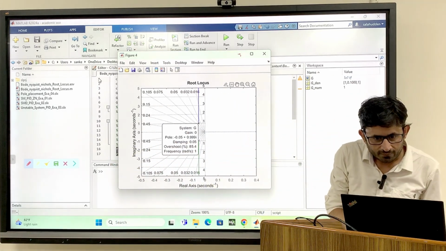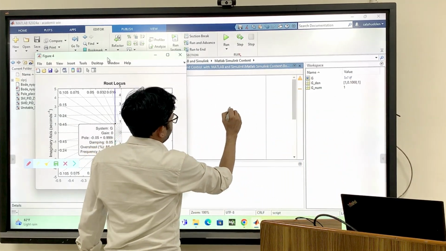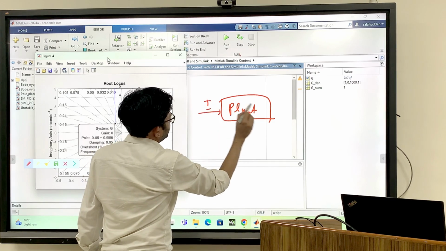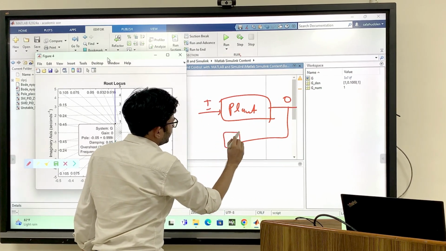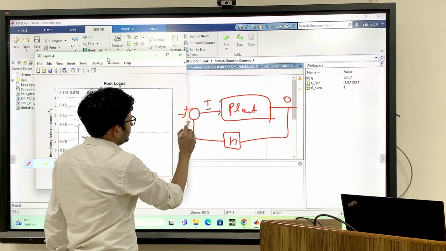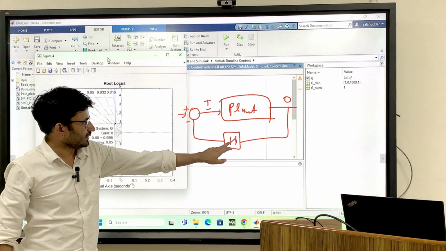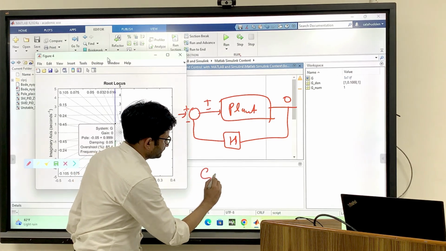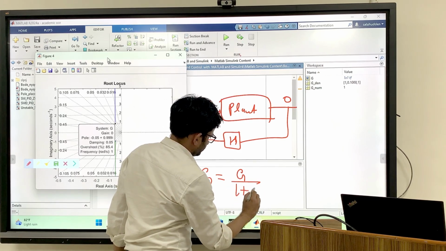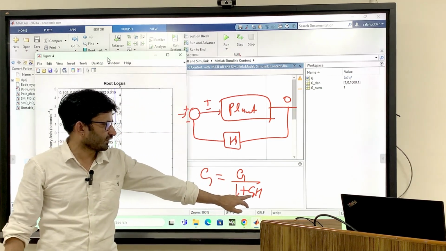See this, this was your plant, and this is the input and this was the output. You have taken the feedback h, and this is the set point, and you are comparing and taking the error. Now you are changing the gain h. The closed loop transfer function is G divided by 1 plus GH.